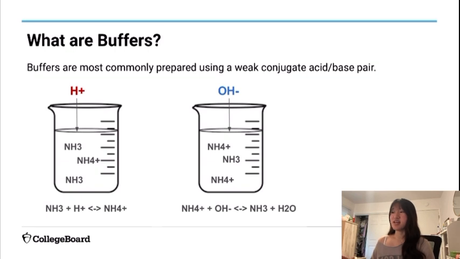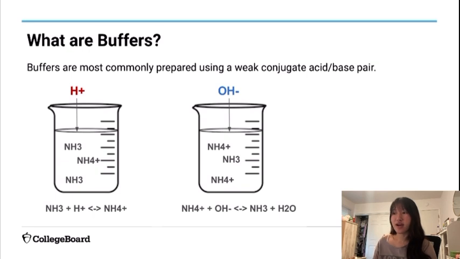So you see that the NH3 bonds with the added H plus to create NH4 plus, which neutralizes the pH of the solution, and therefore this buffer is going to resist the pH change that should occur when the proton's added.